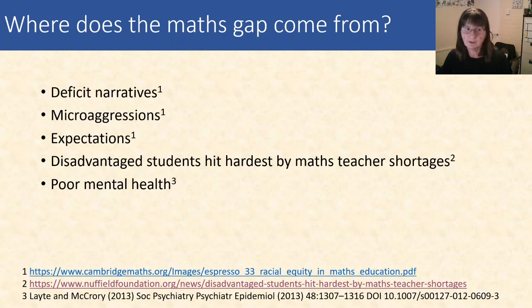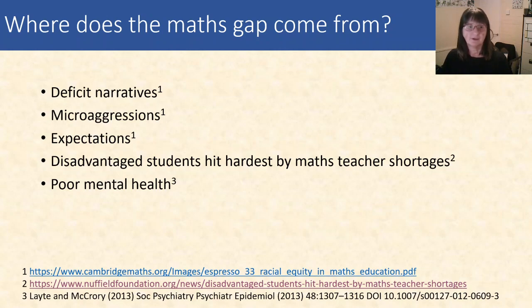There's the issue of microaggressions in the classroom. There's different expectations for certainly Asian and white students compared with other ethnic groups. So maths education is not colorblind. There's a lot in there that needs to be worked on, I think.